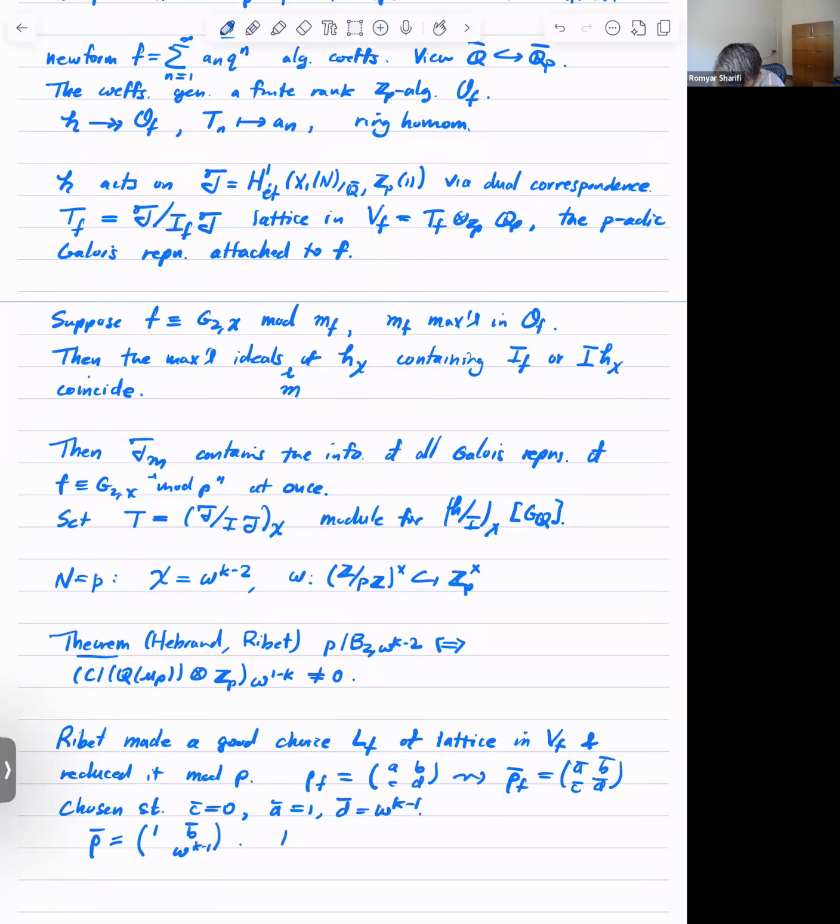Moreover, he was able to choose it such that rho f is lower triangular on inertia at P. It's unramified outside P.